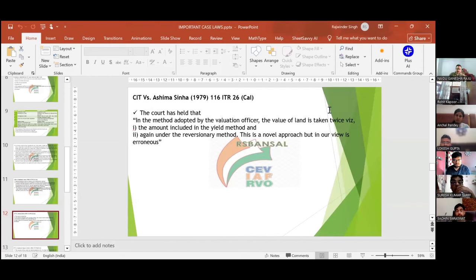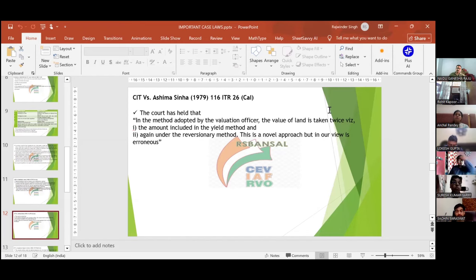So if the property is affected by Rent Control Act, when you calculate the value of the property, it includes the value of the land also. You cannot take the reversionary value of the property because the land will never be reverted back to the landowner. So the court says if the property is under Rent Control Act, you cannot add the reversionary value of the land.